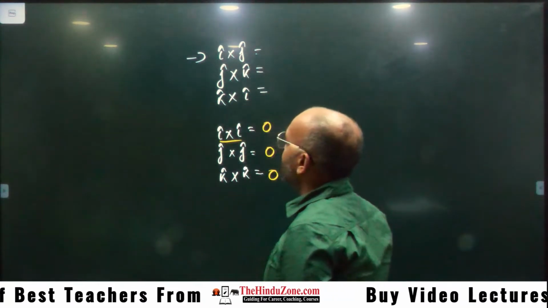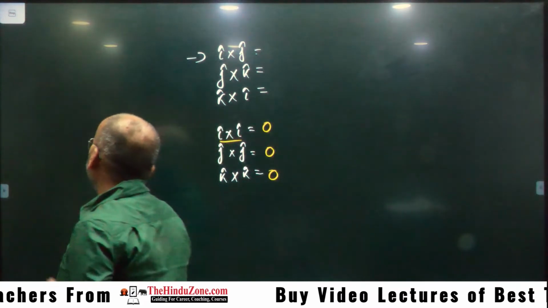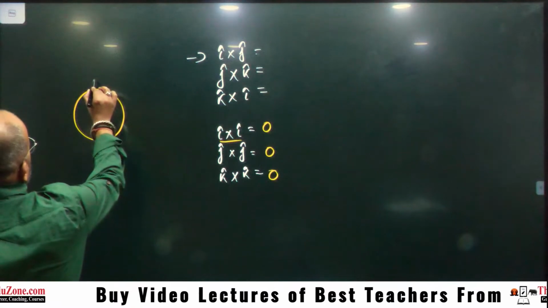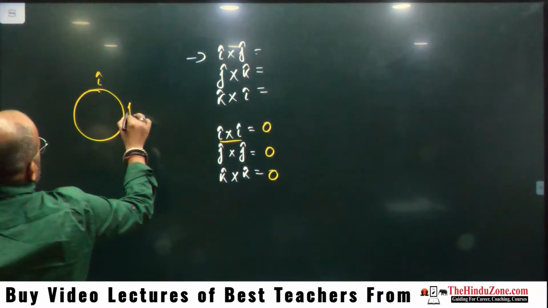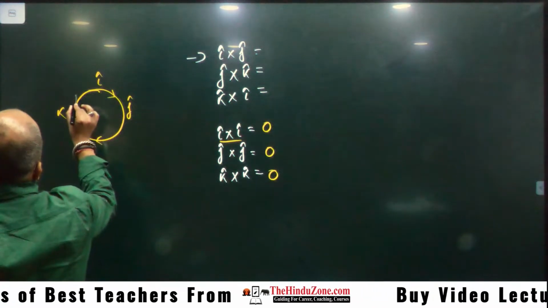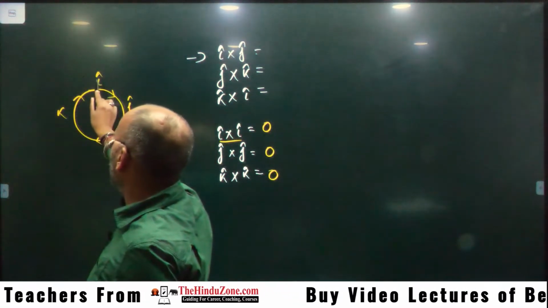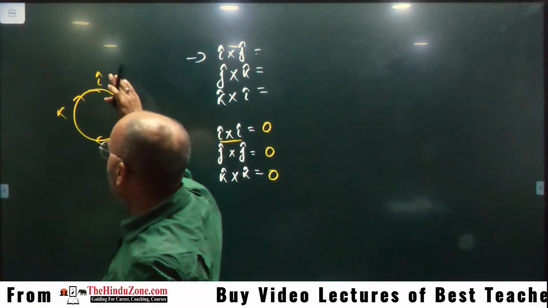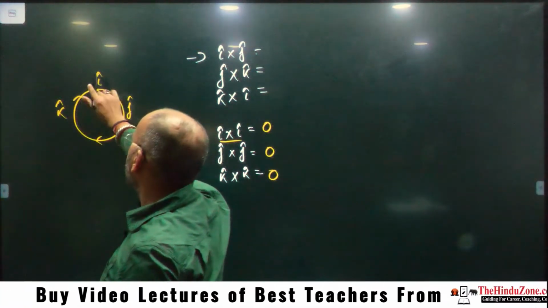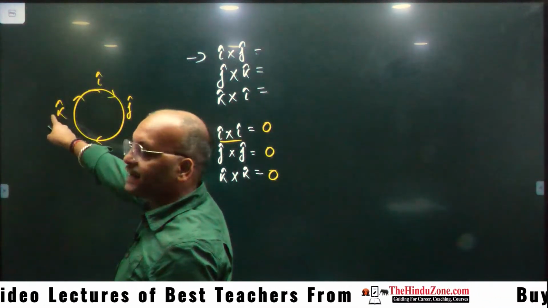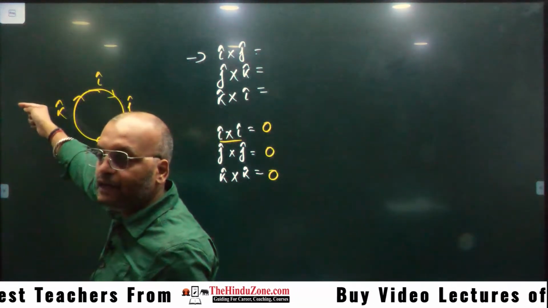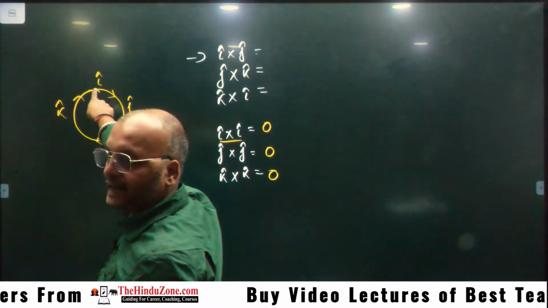Now for this I, J and K, please see, I have got a trick. Make a circle, write I, J, K, and you move in the clockwise direction. So if you are doing I cross J, hide I cross J, what you got? You got K cap. So the product of I cross J will give you K cap. If you are doing J cross K, again you are moving in the clockwise direction, hide them, you will get I cap.